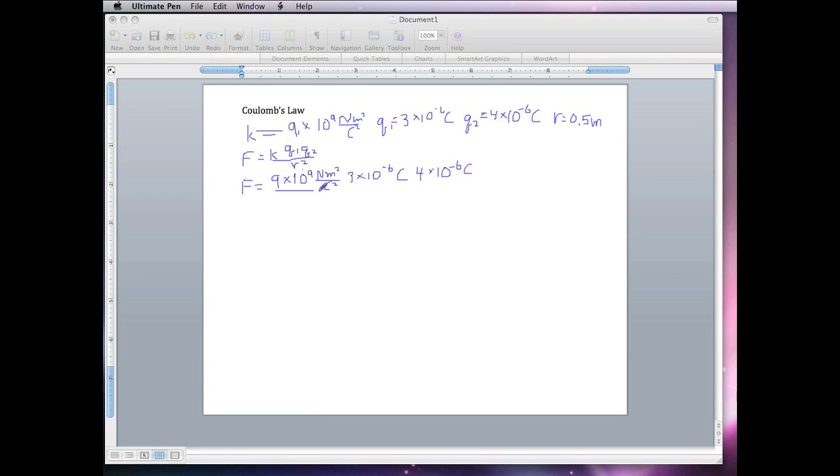And then all that has to be divided by the square of the distance between them. That would be 0.5 meters, the quantity squared.